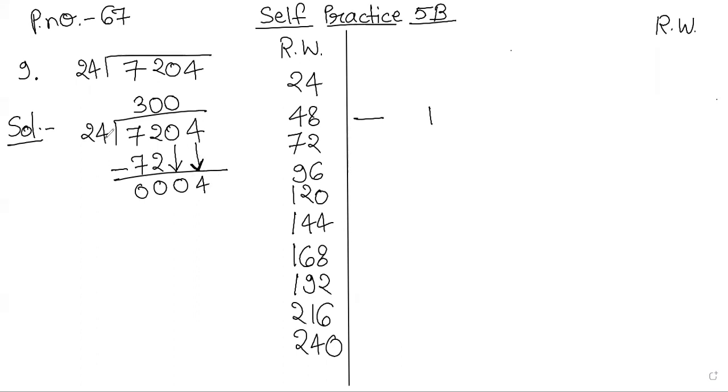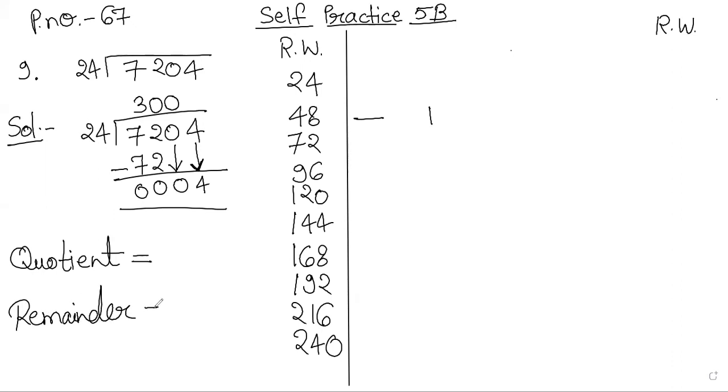Now 4 is smaller than 24, so 4 is the remainder here. We cannot divide further. What is the quotient and what is the remainder? Quotient is 300 and remainder is 4.